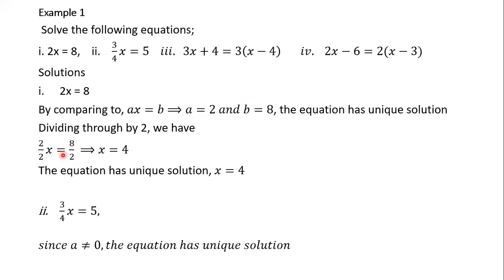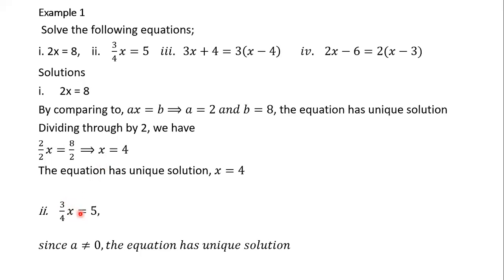So by simplifying this, 2 goes to 2 here, we get x here, and here we get 4. Therefore, we have x equal to 4. So you see that we are now getting the unique solution, which is x equal to 4. Just one solution because it's a linear equation. Okay. So now let's move on to II.